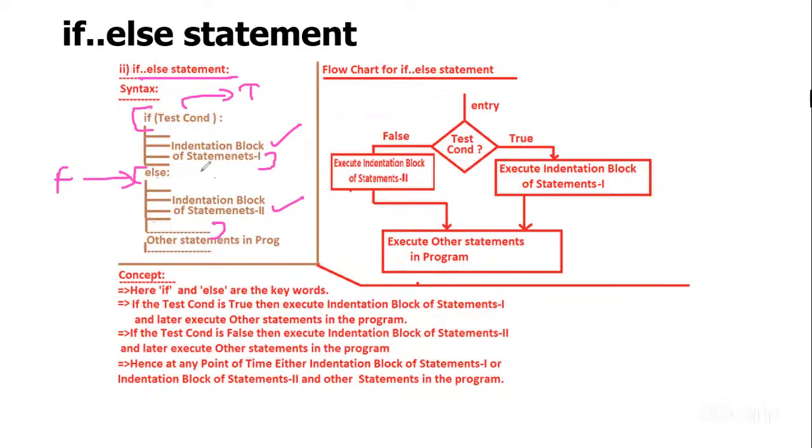Once this if-else execution is complete, it also executes the other statements in the program. We are representing how the if-else statement works using a flowchart. If the condition is true, it executes block of statements 1. If the condition is false, it executes block of statements 2. At the end, anyhow, it will execute the other statements in the program.